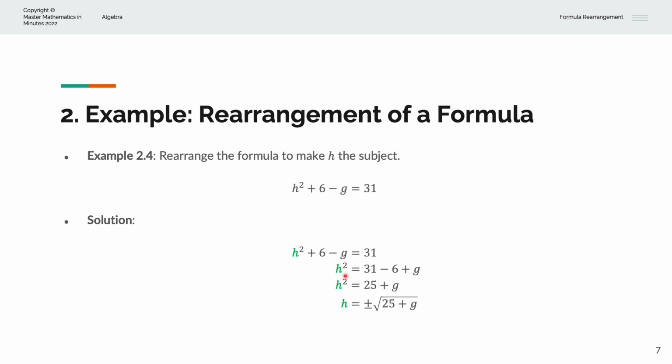So once again, we'll copy h squared down, and 31 minus 6 is 25. And we'll copy plus g. So to remove the square, we'll take square roots on both sides. So that becomes h, and that's equals to plus or minus the square root of 25 plus g. So the reason for taking plus or minus is because there are two solutions when you take the square root of any number.